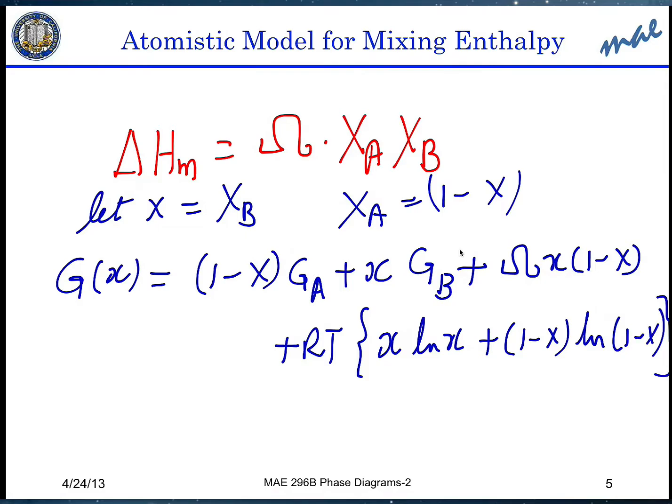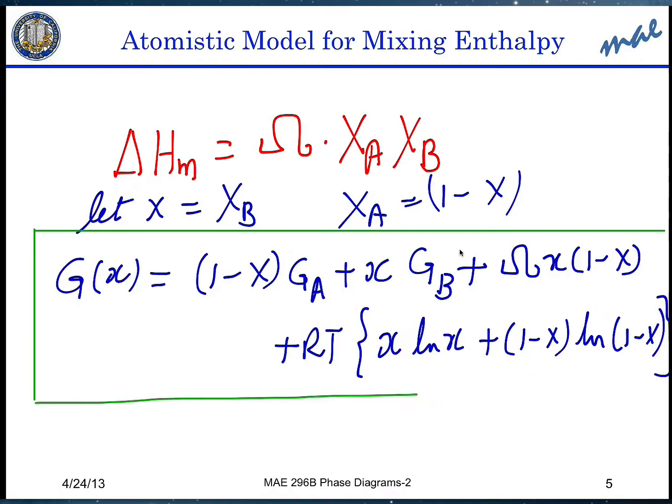And this type of model is a simple model that can tell us the dependence of the Gibbs energy on the concentration of one of the two species.